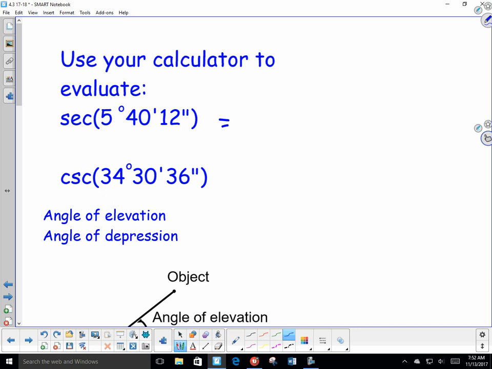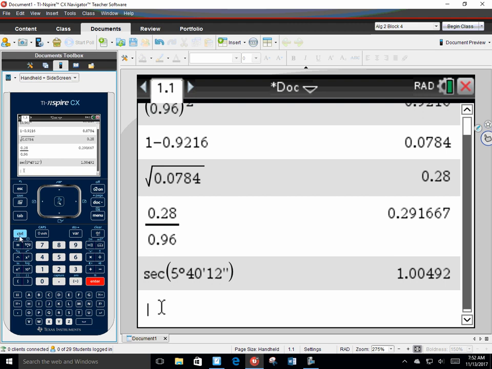All right, and let's try cosecant of 34 degrees, 30 minutes, 36 seconds. So that is going to be trig button.